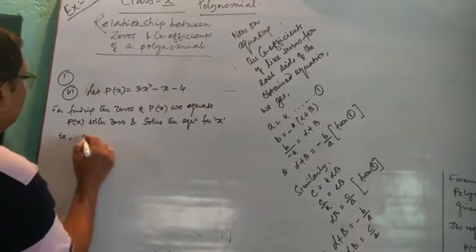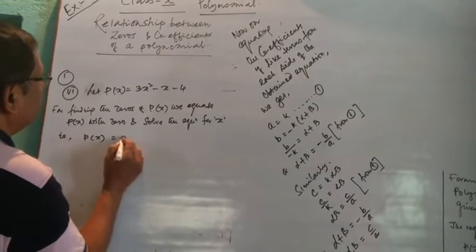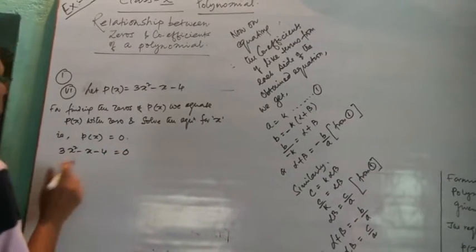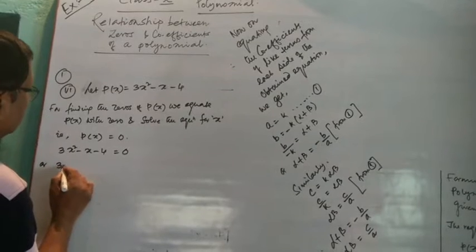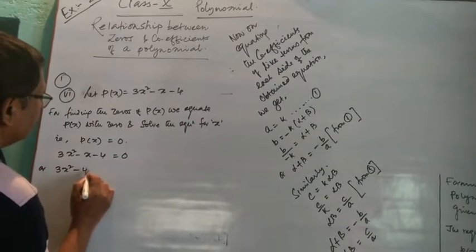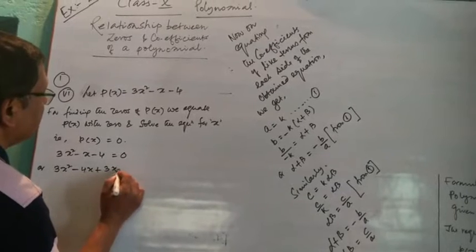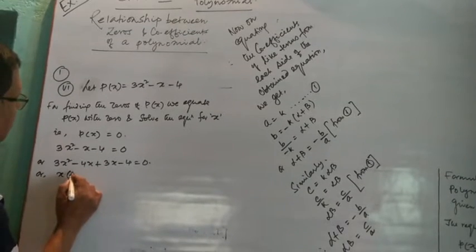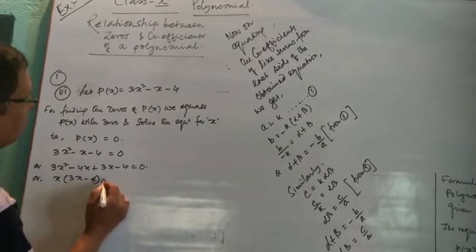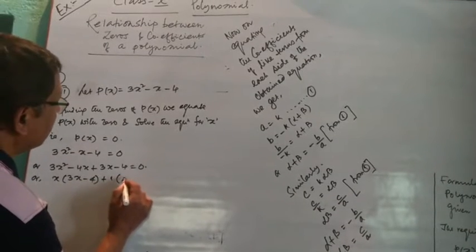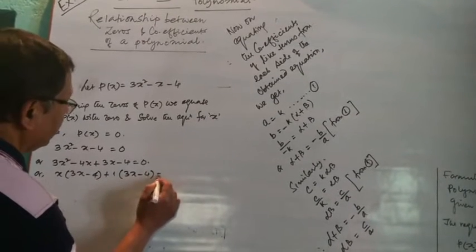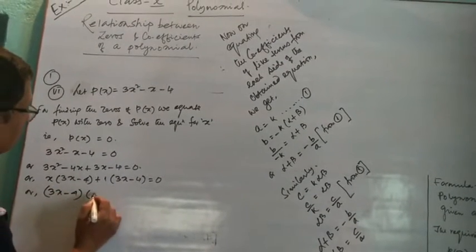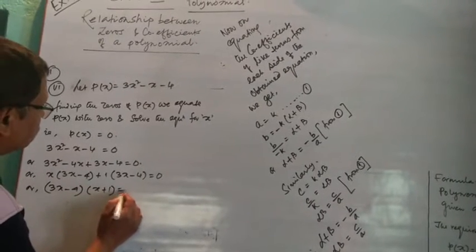That is, p(x) equals 0, 3x² − x − 4 = 0, or 3x² − 4x + 3x − 4 = 0, or we will take x as common, x(3x − 4) + 1(3x − 4) = 0, or (3x − 4)(x + 1) = 0.